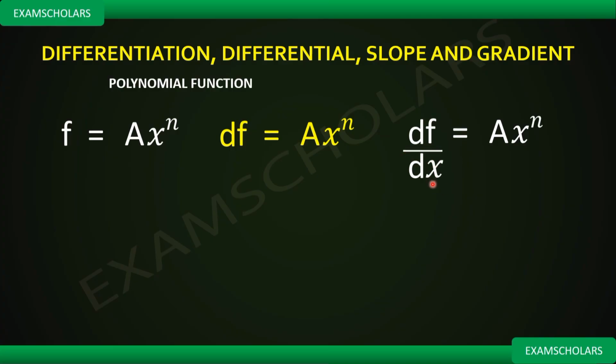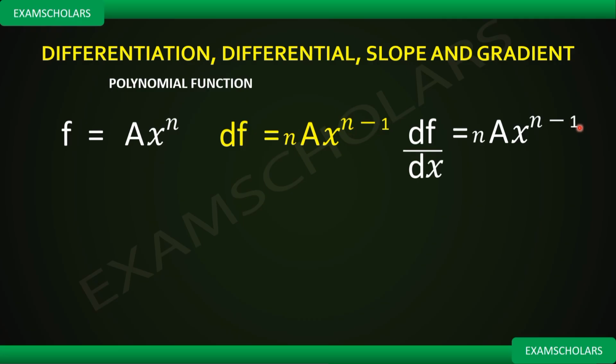Now what are you going to get when you want to find it? It's very simple. The first step is you carry this n, you bring it back. Whatever the power of x is as a number, you bring it back, multiply by this a. You can see it here, na. The next step is you subtract 1 from n. You now have n minus 1.